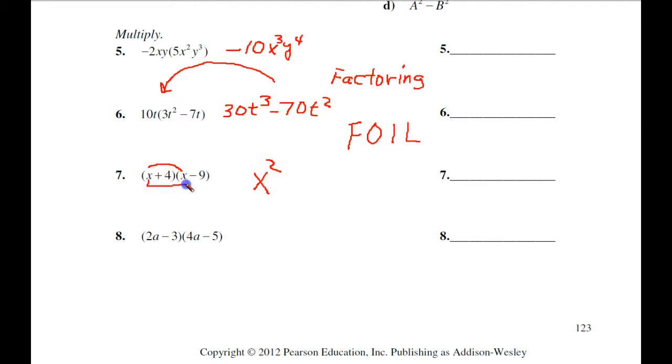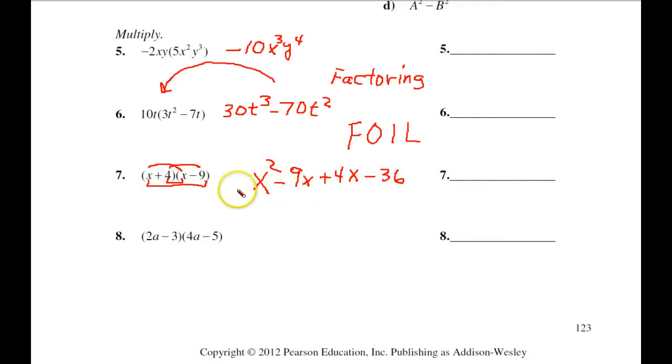We're going to now do the outers. That's going to be a negative 9x. We're going to do our inners. That's a positive 4x. And then we're going to do our last, which is a negative 36.